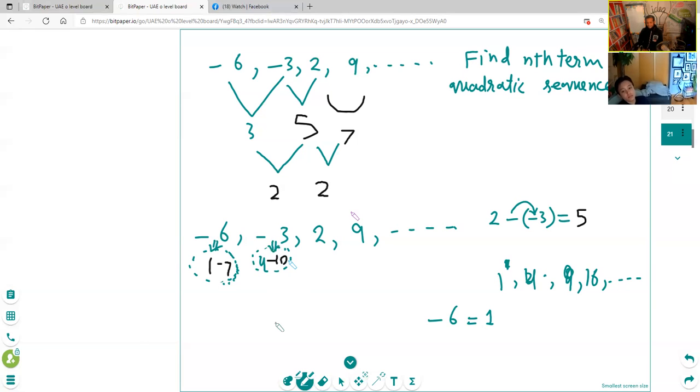We are changing the shape of minus 6. Okay, good, good. Right, next.